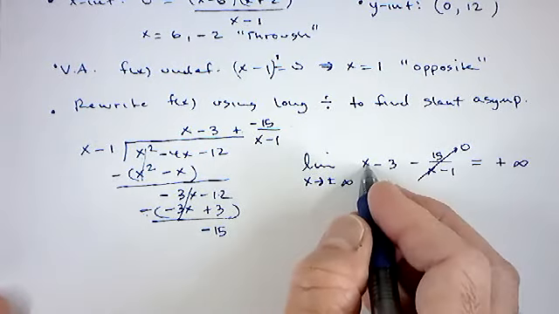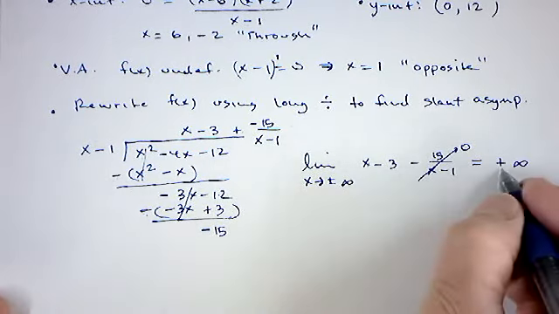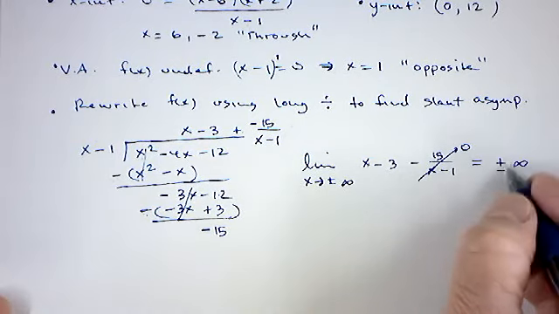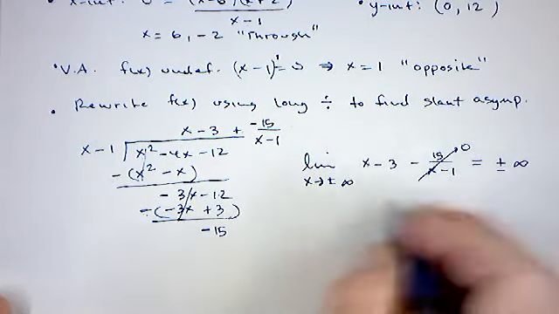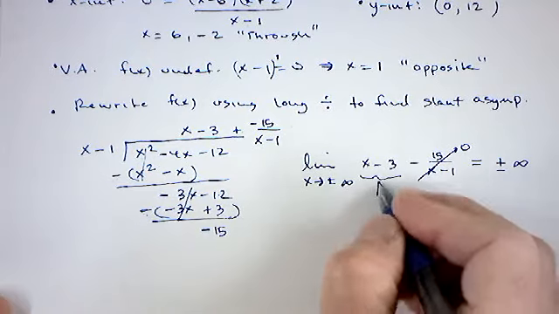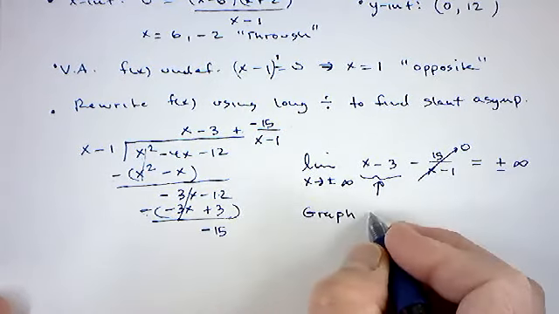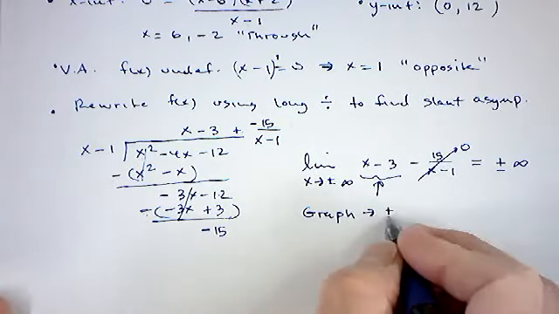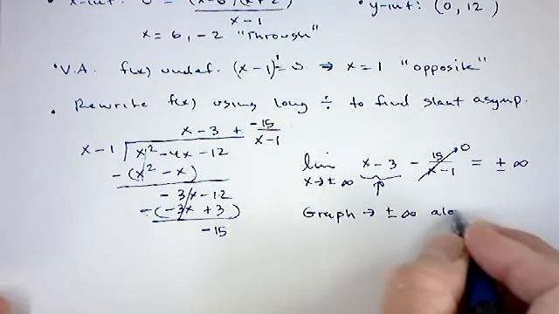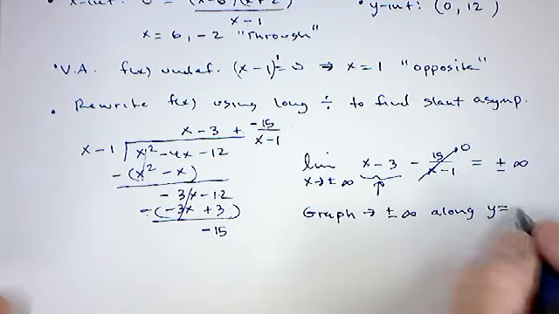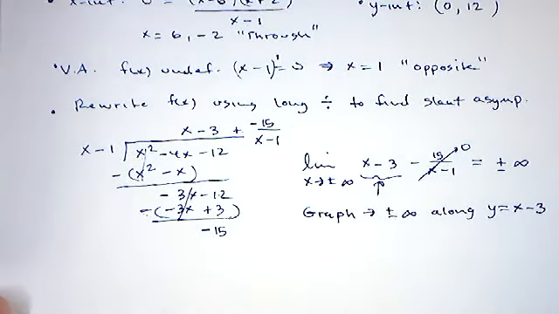But if x went to negative infinity, minus 3 would give me negative infinity. So I know my limit's going to be plus or minus infinity, but the important thing is my graph approaches plus or minus infinity along the line y equals x minus 3.